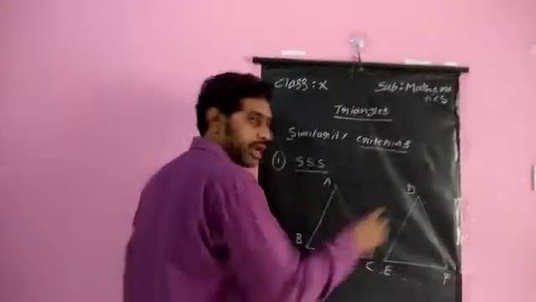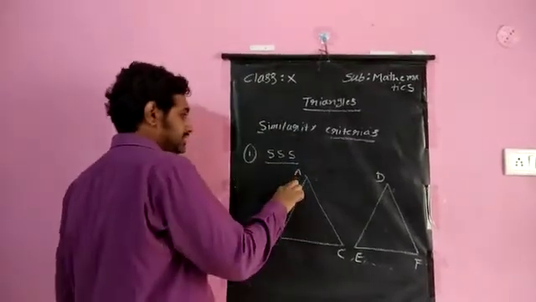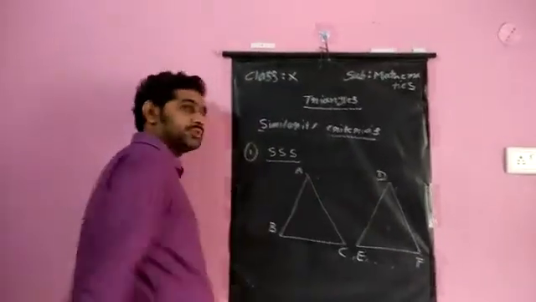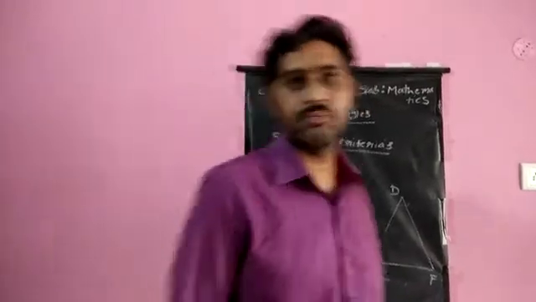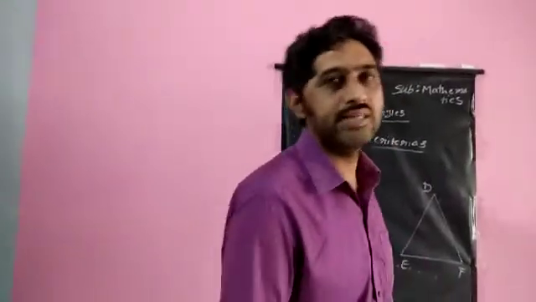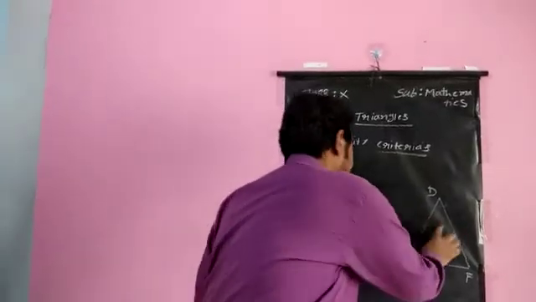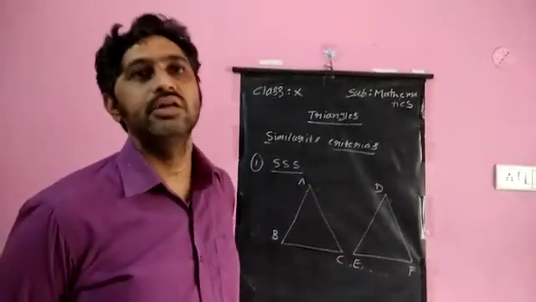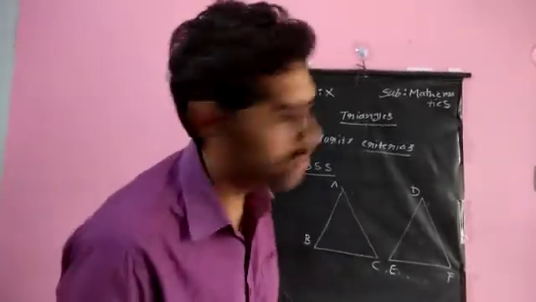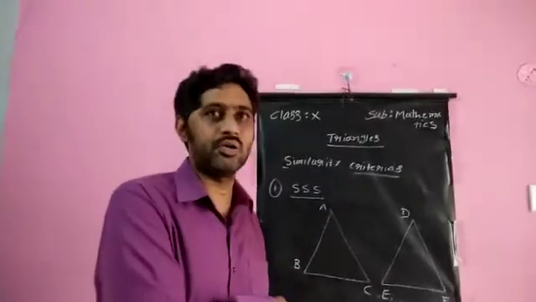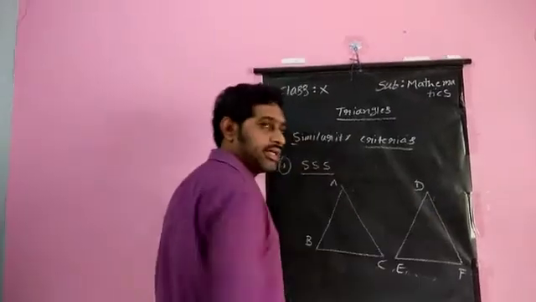Side similarity means in two triangles, if the three sides of one triangle are proportional to the sides of the other triangle, then we can say that the two triangles are similar to each other by side similarity rule. In the congruency rule, if the three sides of one triangle are equal to the three sides of the other triangle, then the two triangles are congruent by side congruency rule. But here in class 10 we have similarity rules, so the three sides of one triangle are proportional to the three sides of the other triangle.